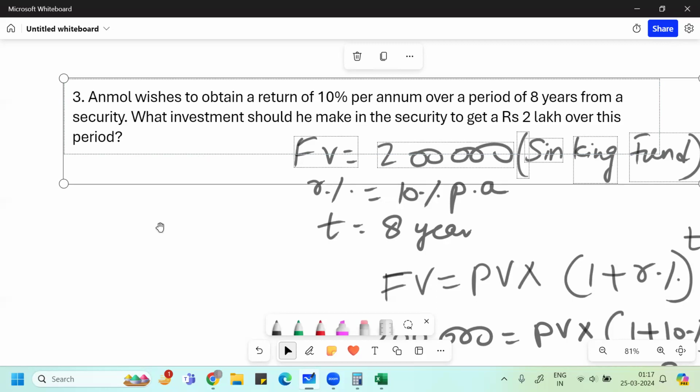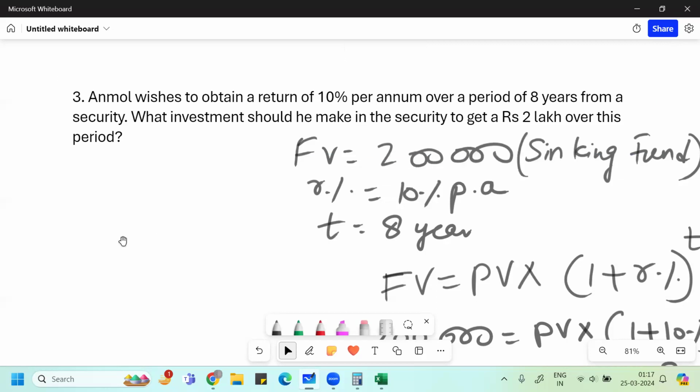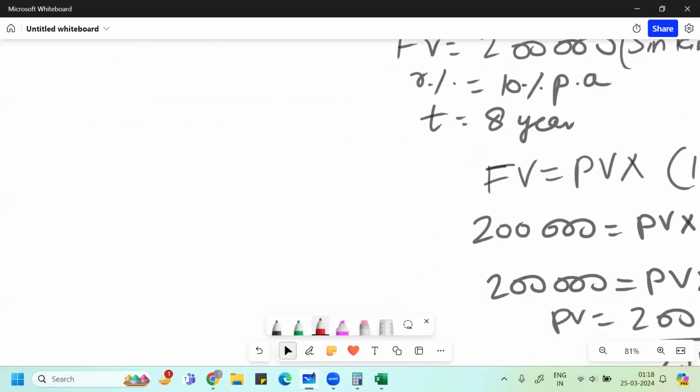Every year, not a one-time payment. Instead of one time 93,300 something, if he is doing it every year, then in that case you will use the formula of future value of annuity.